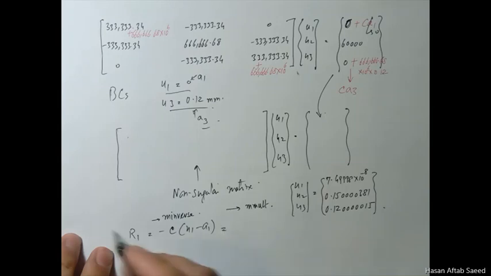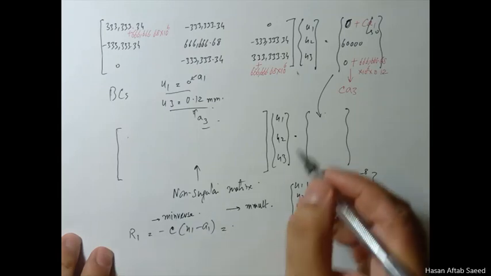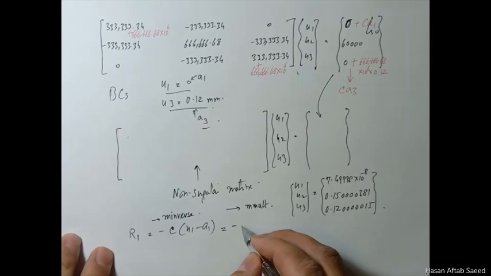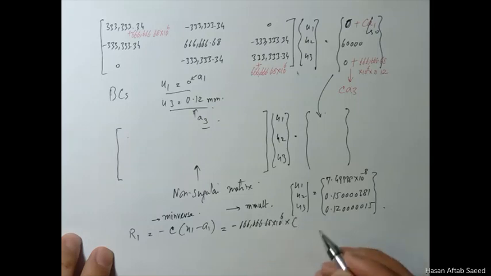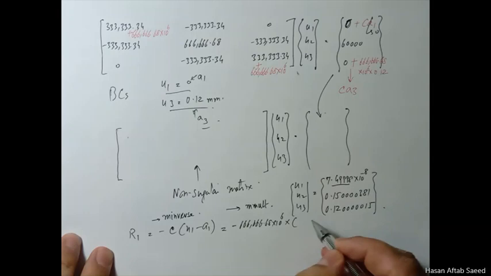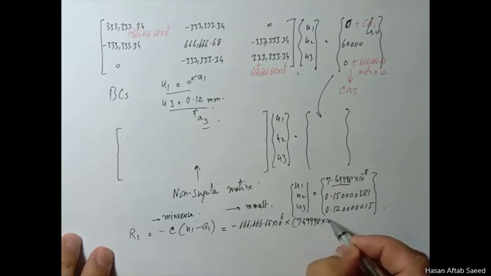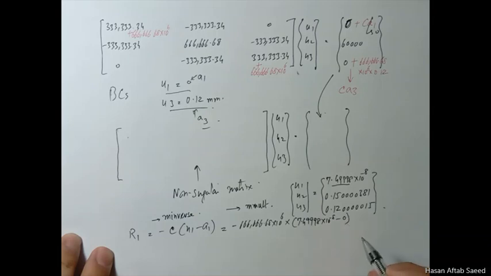So here minus c, you know what c is. This is 666.68 into 10 raised to power 6 into u1 value. The u1 value is this, very close to 0 but still something, minus 0, and this turns out to be minus 49,999.88 newtons.